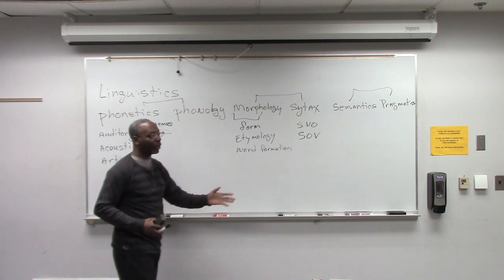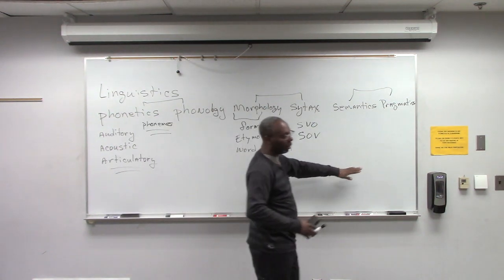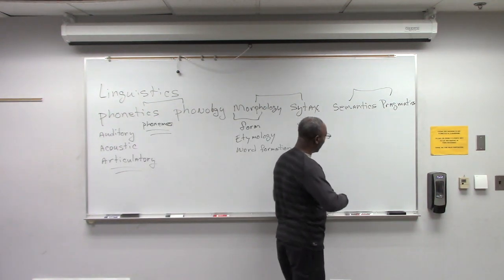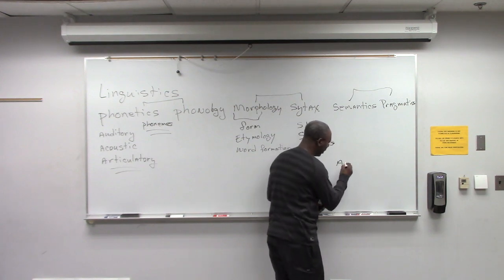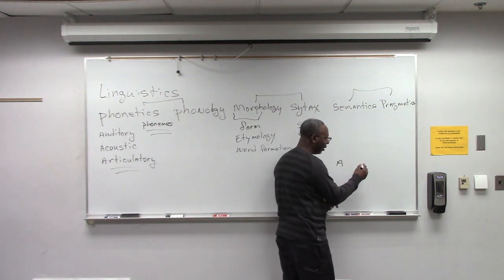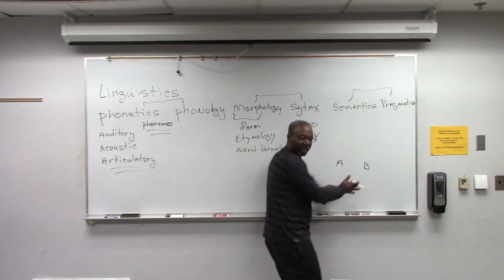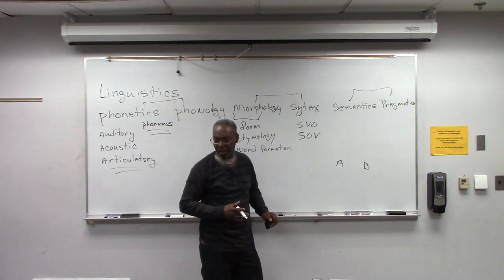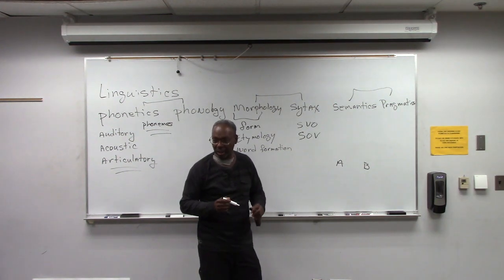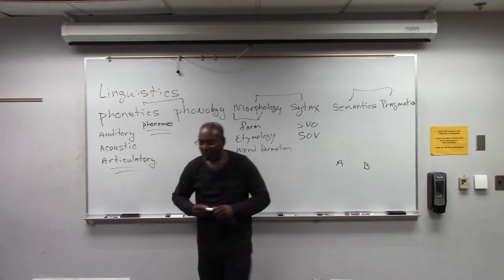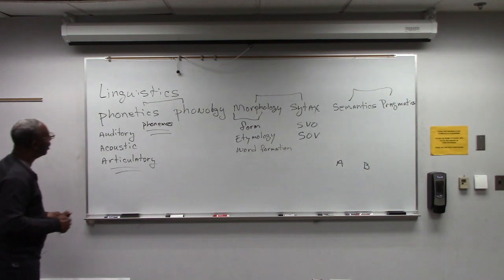Then you have theoretical linguistics. Theoretical linguistics takes a language A that has no connection with language B and looks at the affinities and how they contrast with one another.